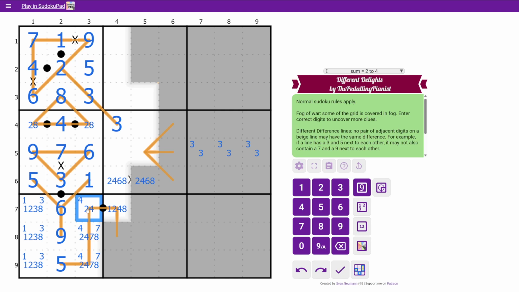let's try a 2 here. Let's say it was 2, 1, a difference of 1. The 8 would go over here, so this would be a 4 and a 7.